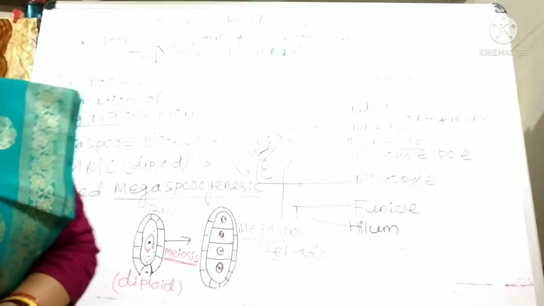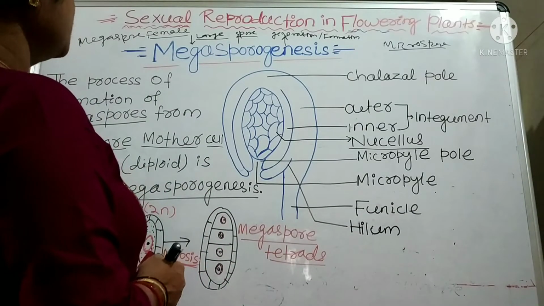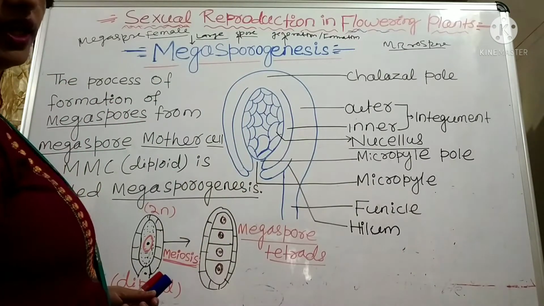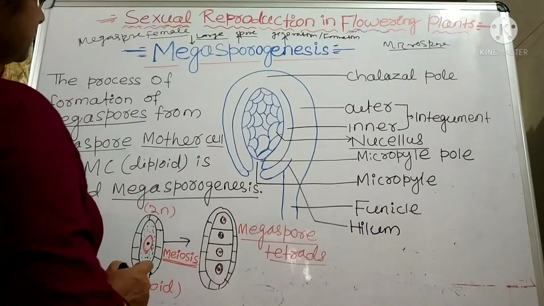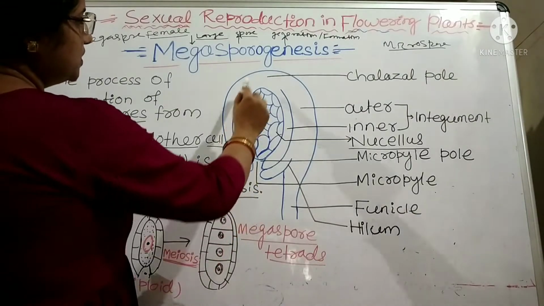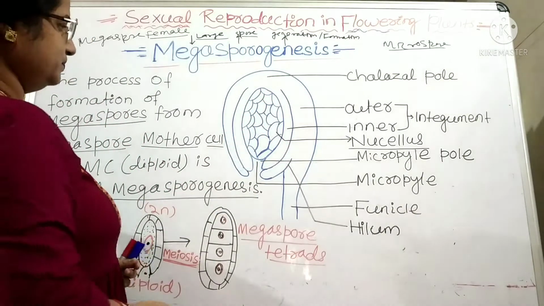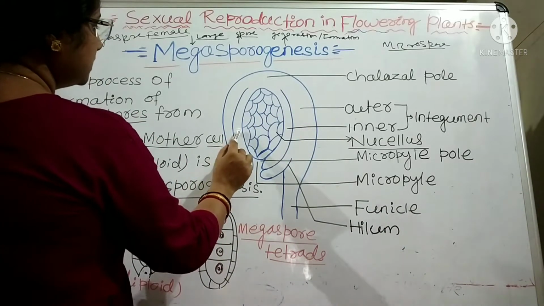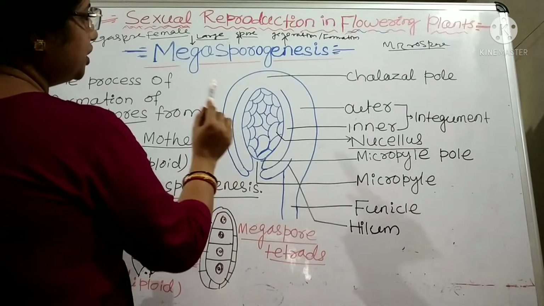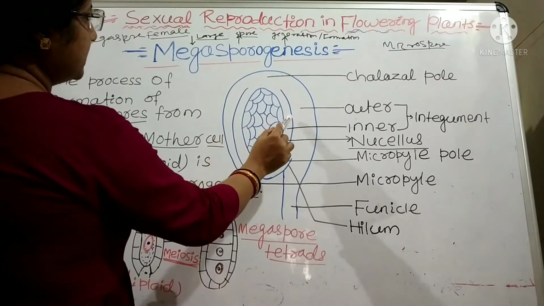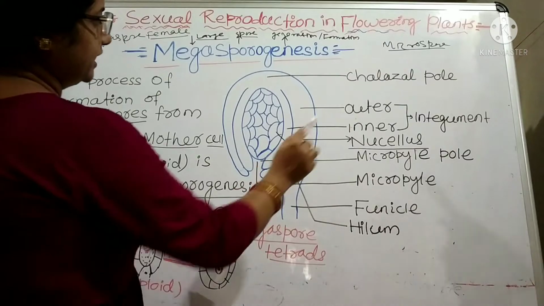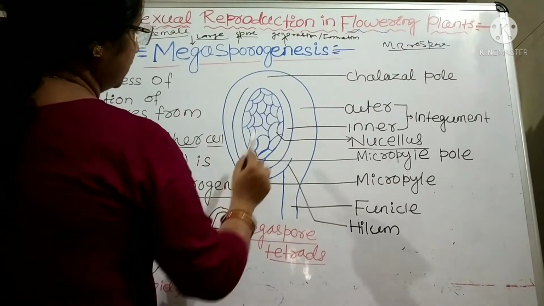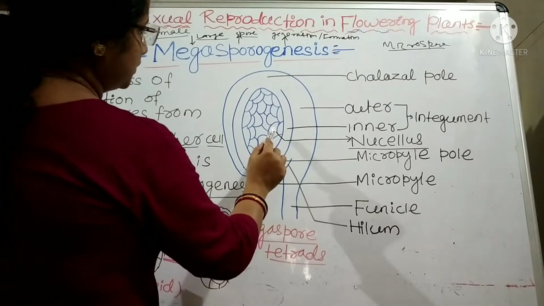Which is the megaspore mother cell? We have already discussed the structure of ovule in the previous class. Suppose this is an ovule, and this is the inner integument and this is the outer integument, which cover the body of the nucellus.